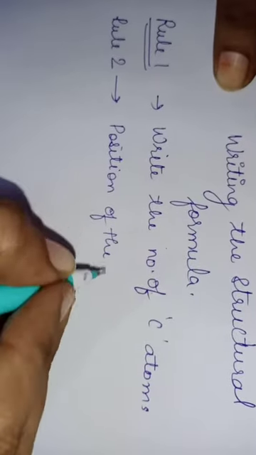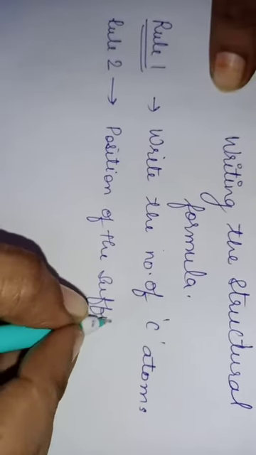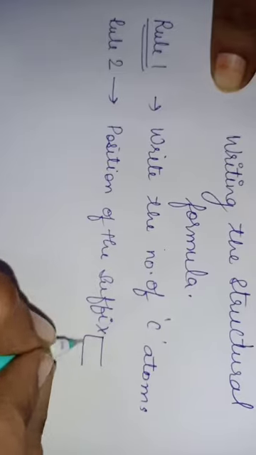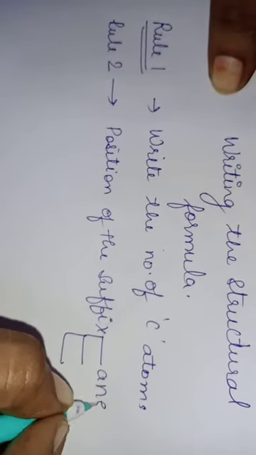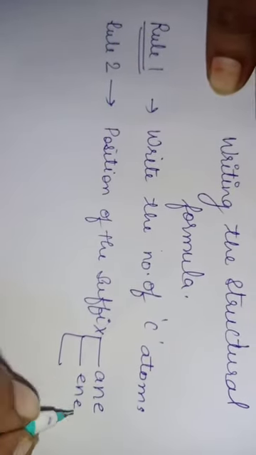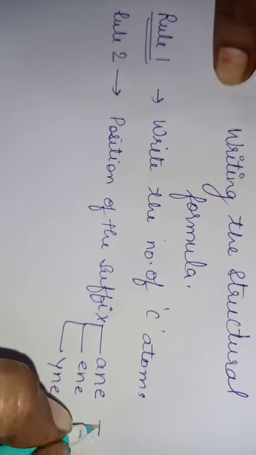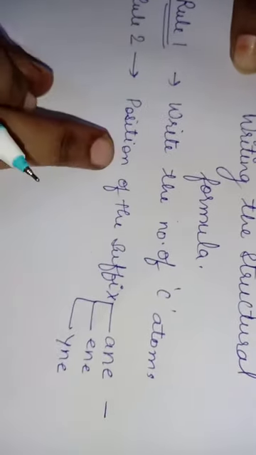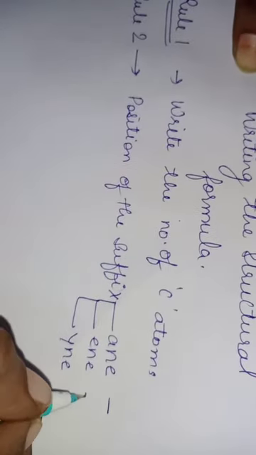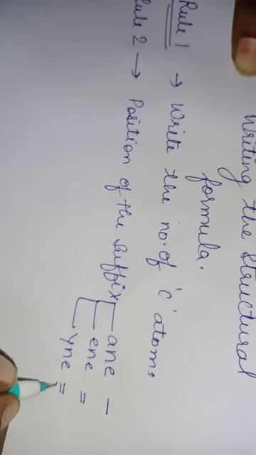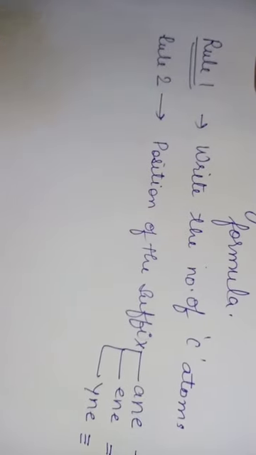Now in the suffix we have three parts. The suffix may be ane, ene or yne. So if the suffix is ane, then we will put a single bond on that particular position, and likewise a double bond or a triple bond on that particular position. Okay, this is rule 2.